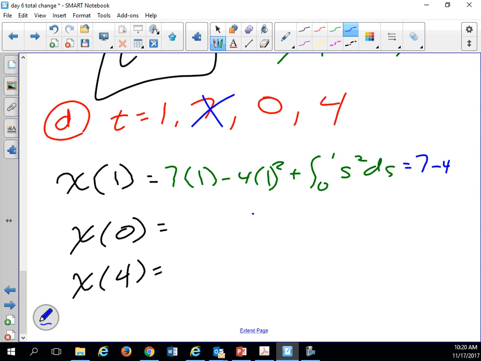One: 7 minus 4 plus s cubed over 3 evaluated from 0 to 1, which makes it 3 plus 1/3, which makes it 3 1/3. Everyone okay with that? By the way, that's 10/3.